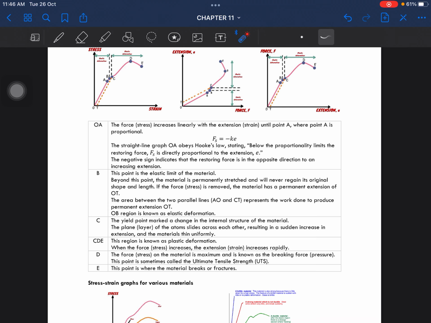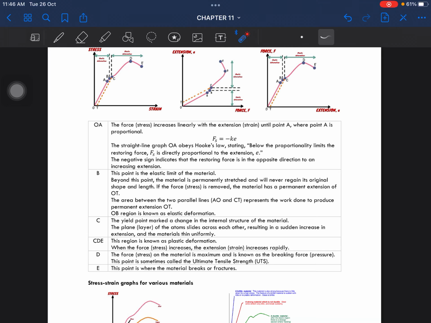The OB region is known as the elastic deformation part. After that point, it is known as the plastic deformation. At point C, the yield point marks a change in the internal structure of the material. Meaning the layers of atoms slide across each other, causing an increase in extension.